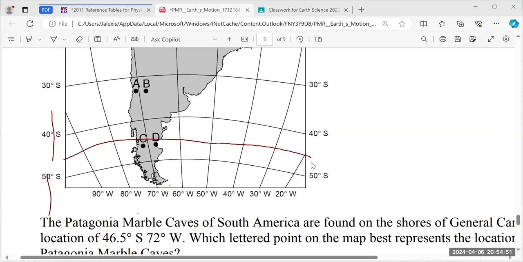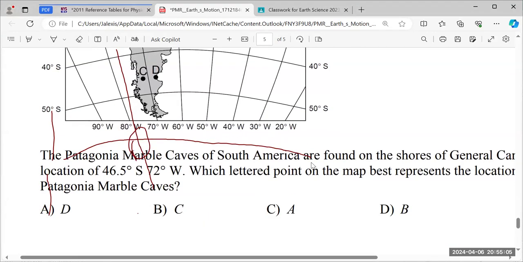And 72 degrees west has to be greater than 70 and less than 80, looks to be somewhere right around here. And the letter that we see is C. So even though it's choice B, the correct answer is C. I know that's very confusing, but choice letter C is the correct answer.